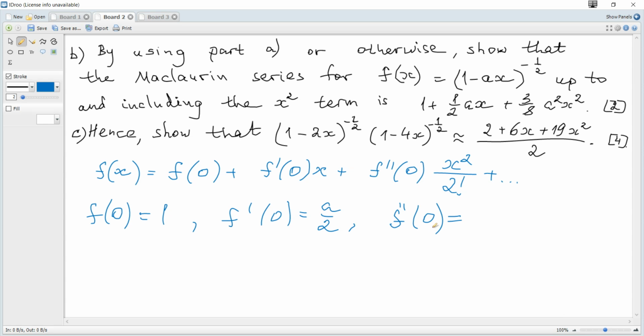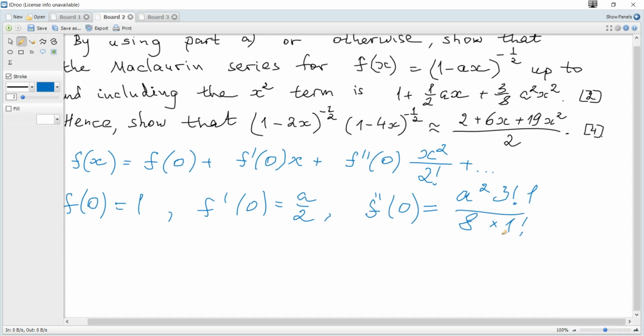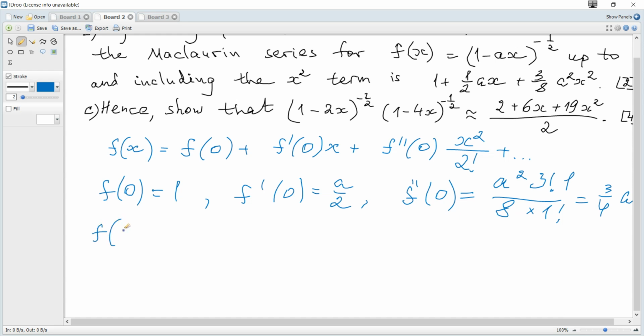So it becomes a squared 3 factorial times 1 times 8 times 1 factorial, which is 3 over 4 a squared, and finally f of x becomes 1 plus a over 2 x plus 3 over 8, because there is additionally 2 factorial, 3 over 8 a squared x squared, and plus so on.